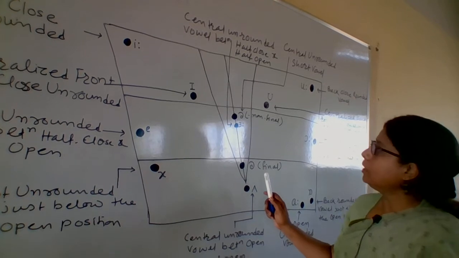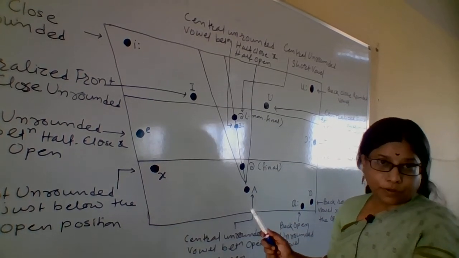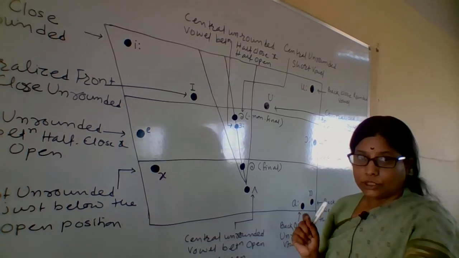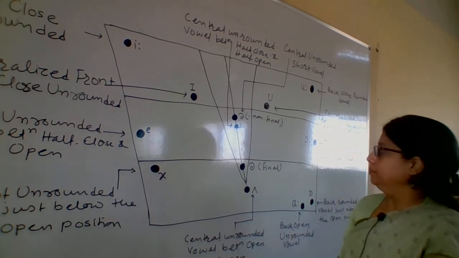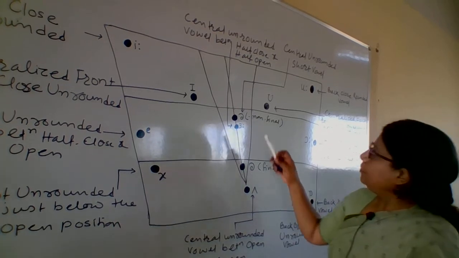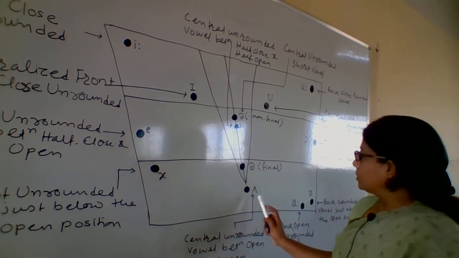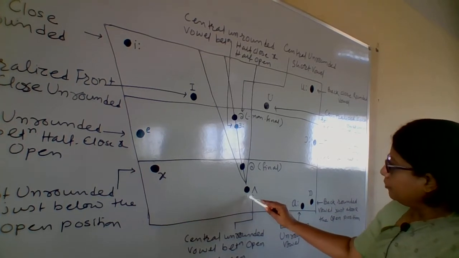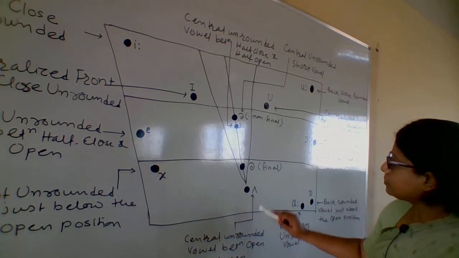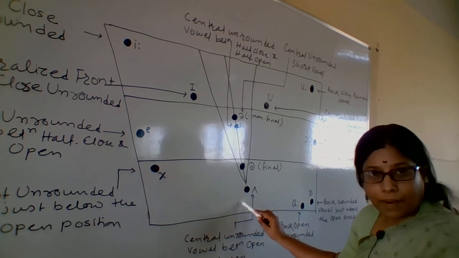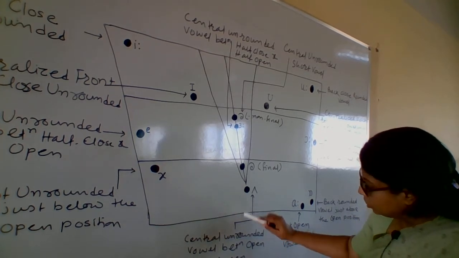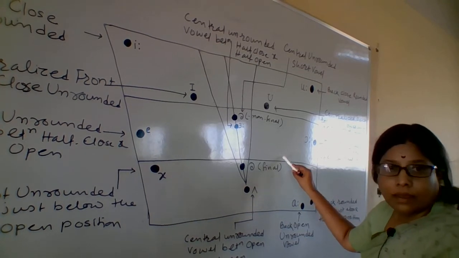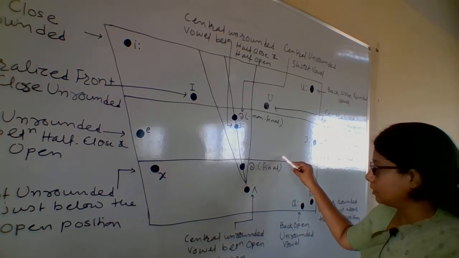Now let us come to the remaining 3 monophthongs or pure vowels, that is Shwa or weak A, strong A and long A. Here we have this strong A, and for its production, the central part of the tongue is raised to a height between open and half open positions.